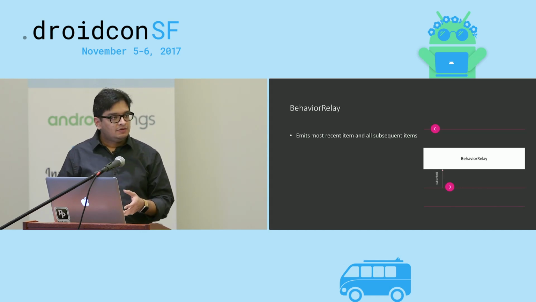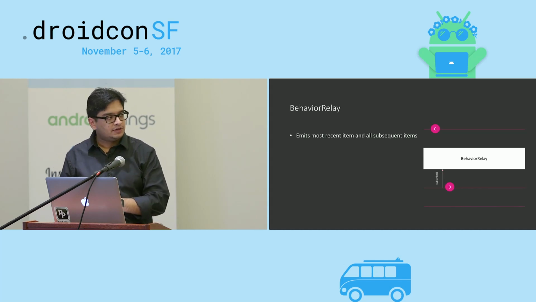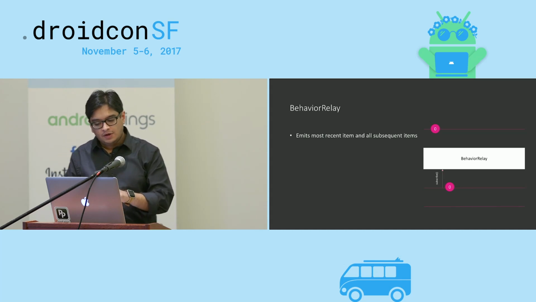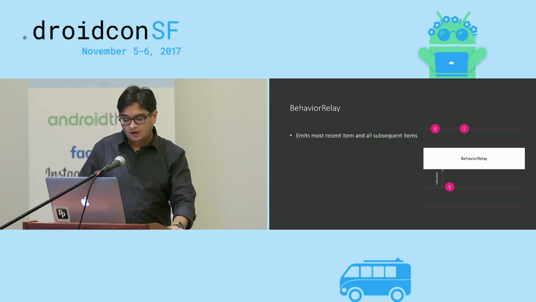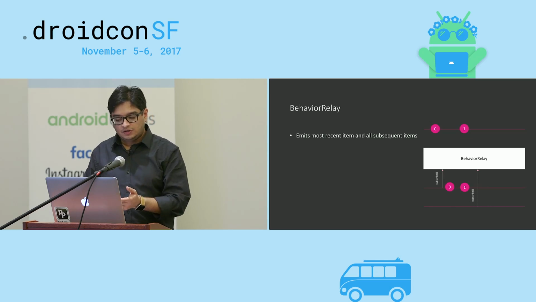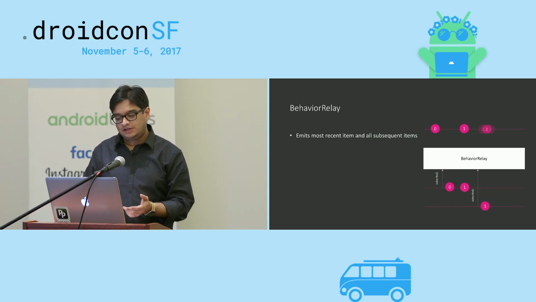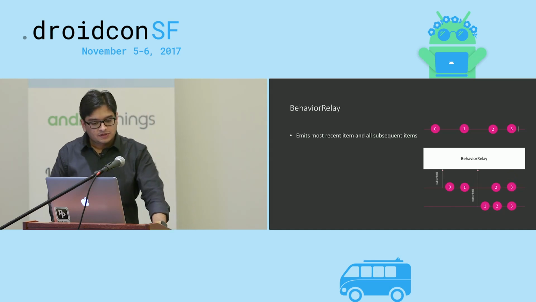We use this heavily while communicating between our presenters and the view. We'll look into it in detail in a couple of slides from now. But the idea here is you always get the last item when you subscribe. Now say our observer 2 comes and subscribes. It would not get item 0, but instead it'll get item 1 from the source, and the sequence continues.